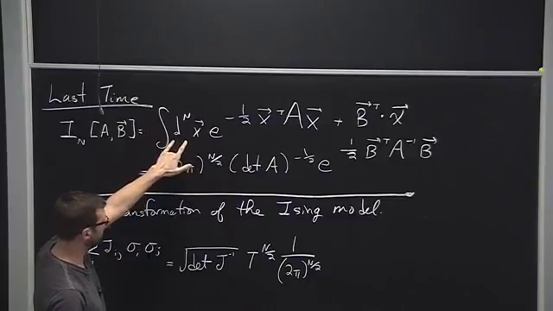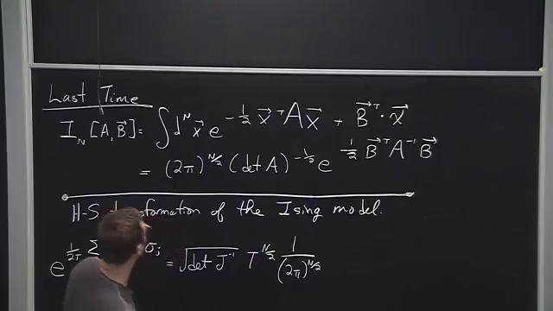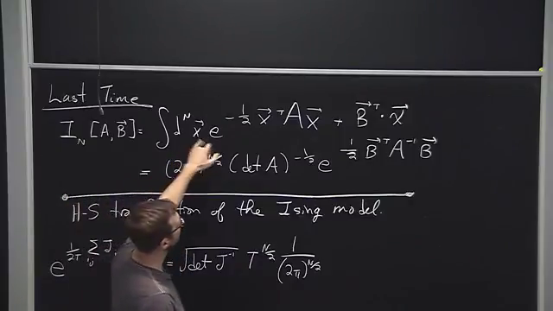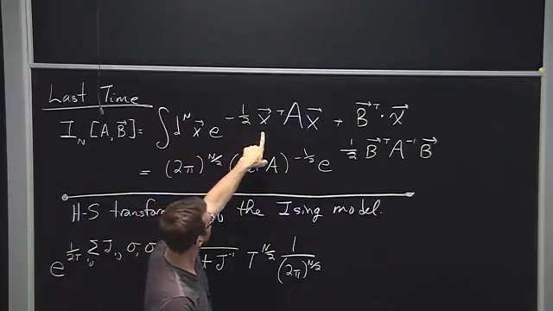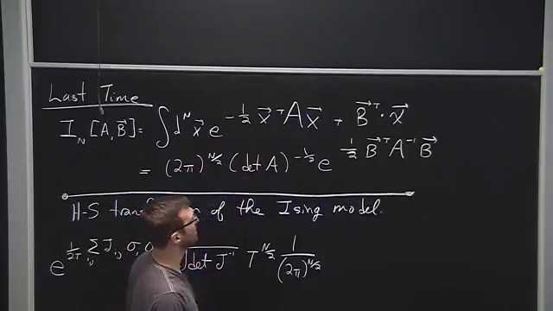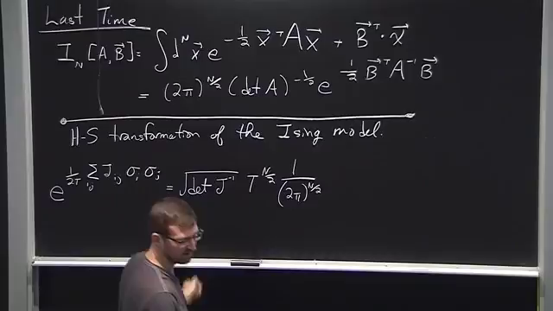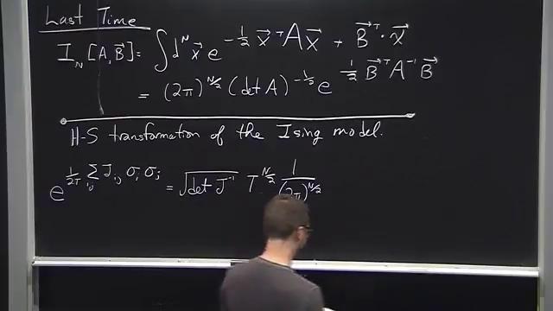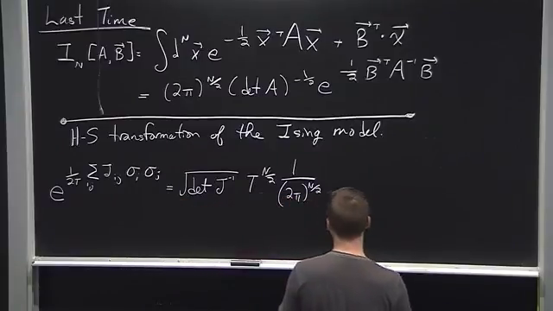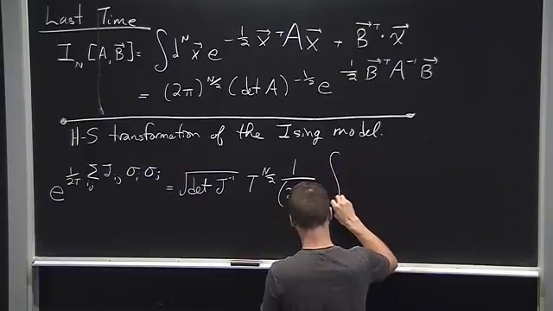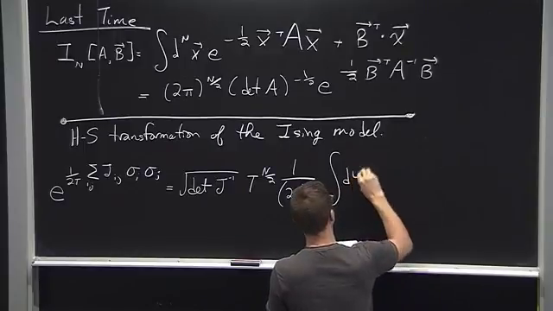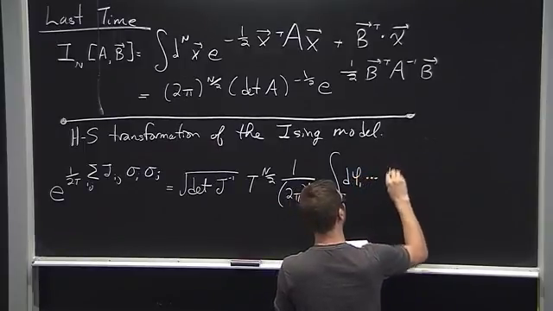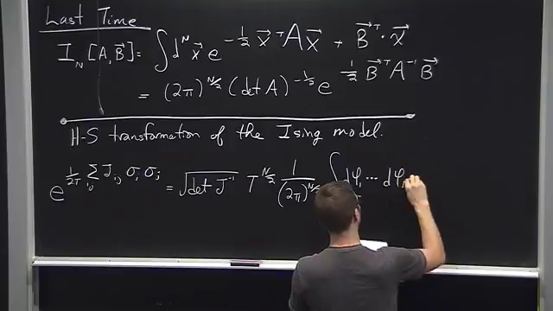Now this integral is over fields that have been introduced, or vectors that have been introduced, x. So instead of calling those x, I'm going to call them phi, so it looks more like a field theory. Now I have an integral of n of these fields.